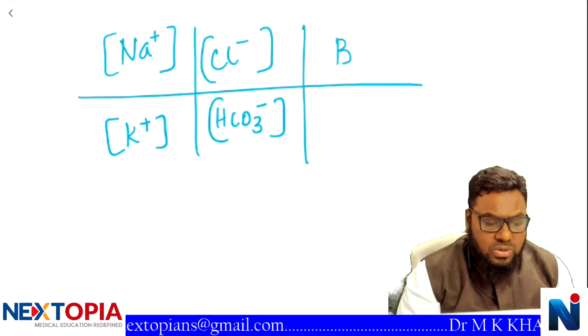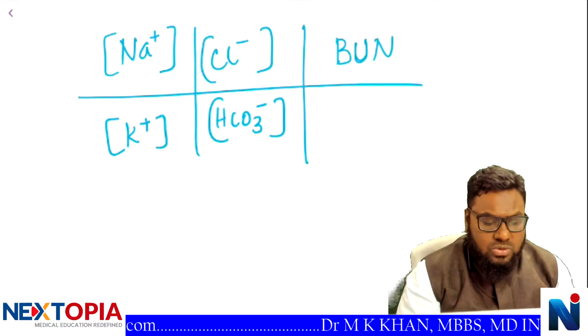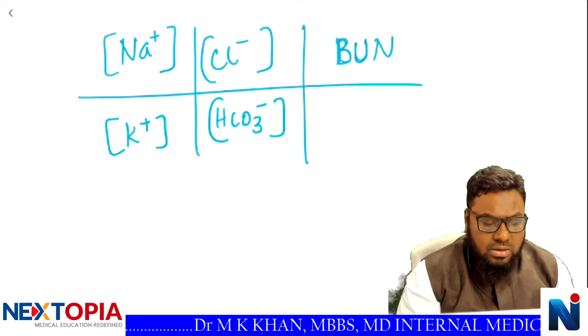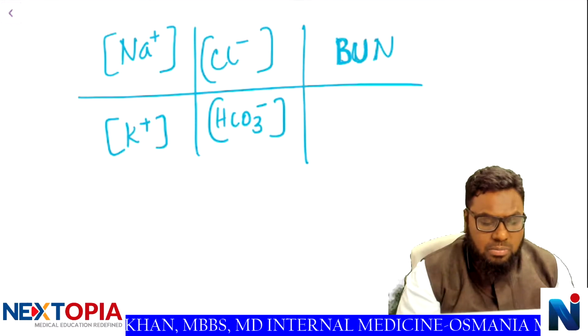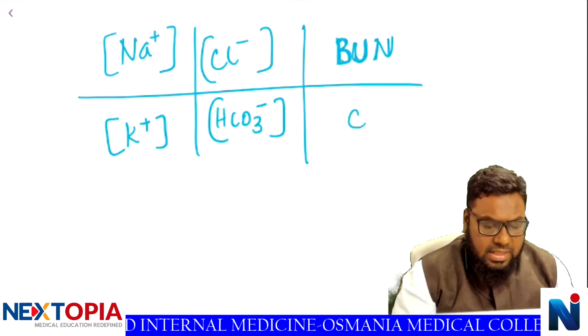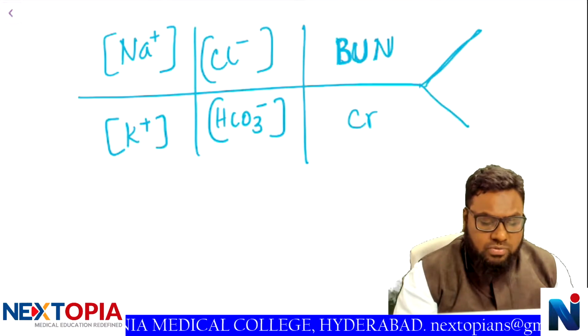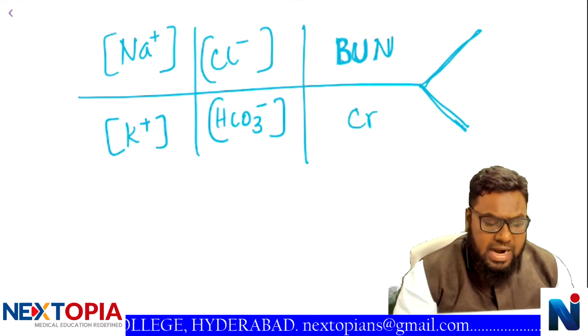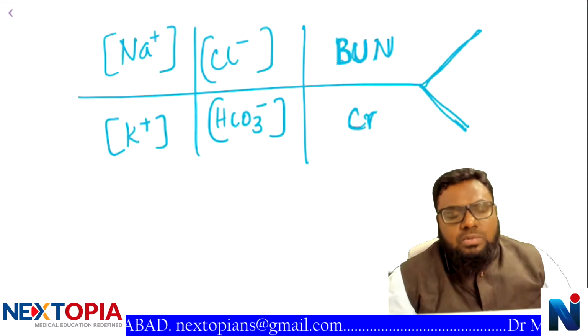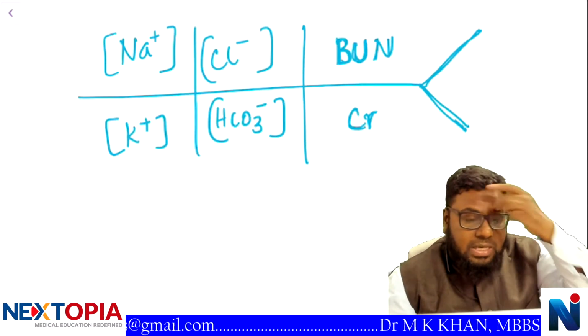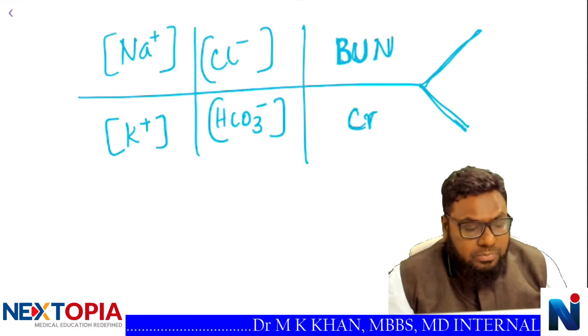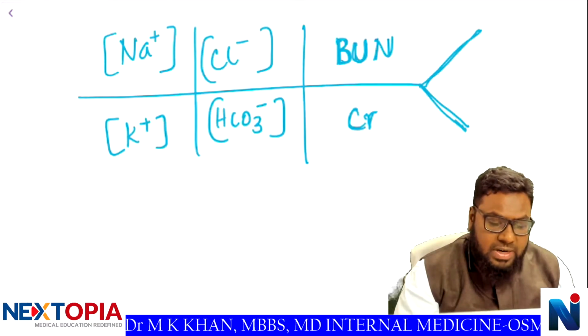You are also able to determine the blood urea nitrogen of the body fluids, the creatinine of the plasma blood sample that you have taken, and the glucose.